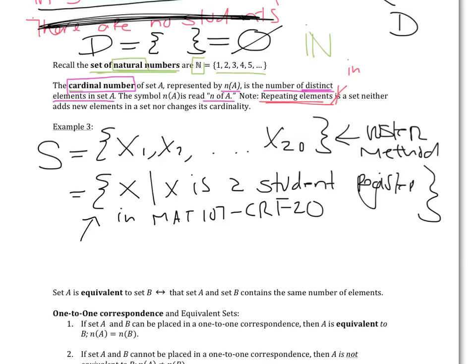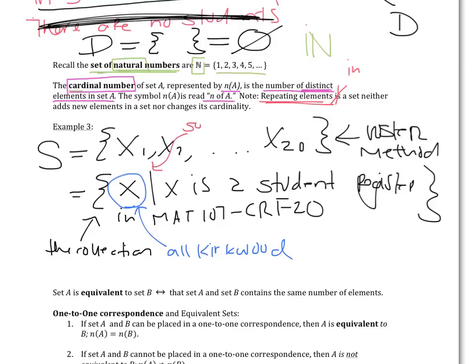This is the set, the collection of, and let me get blue, the x represents all Kirkwood students, such that, this bar means such that, a condition, a restriction here, such that the Kirkwood student is actually registered in my class.